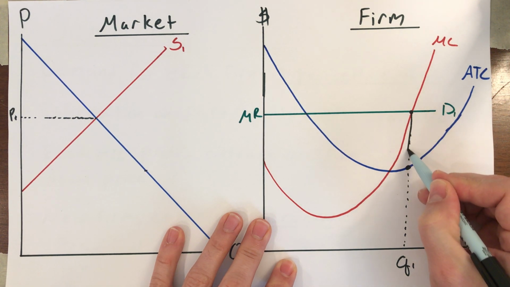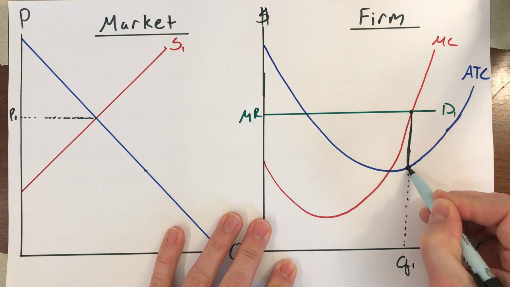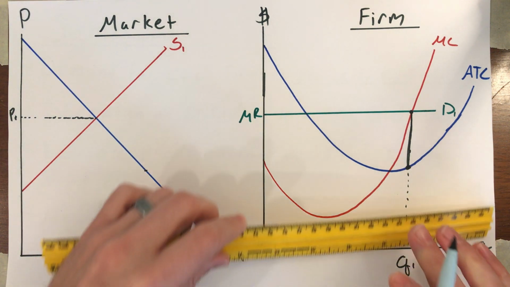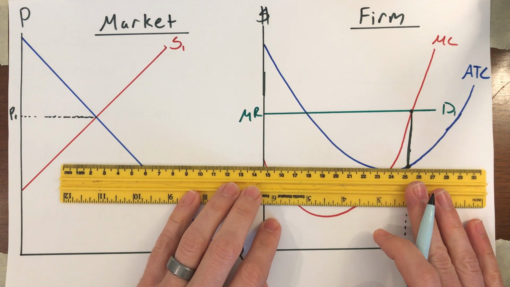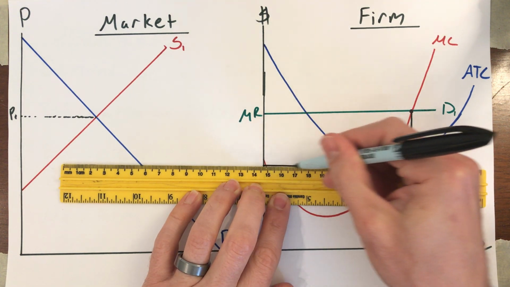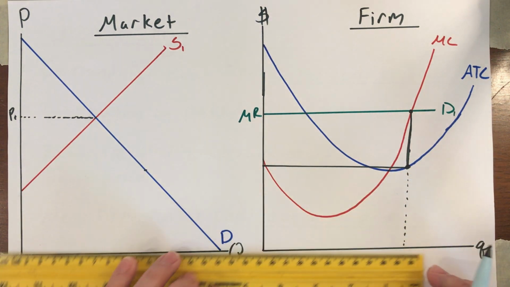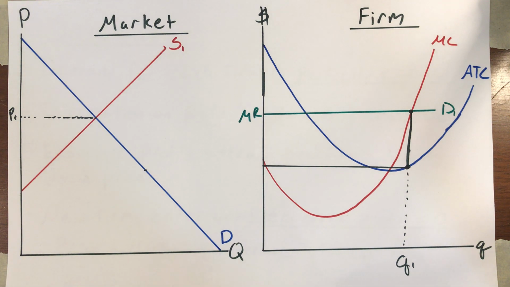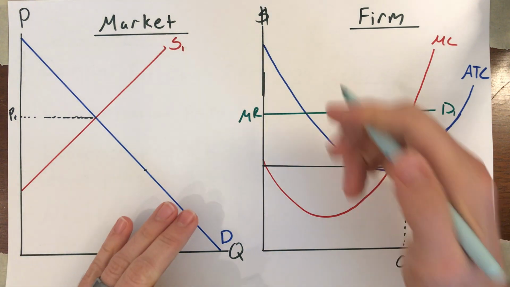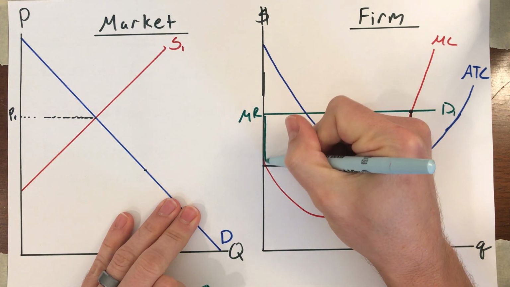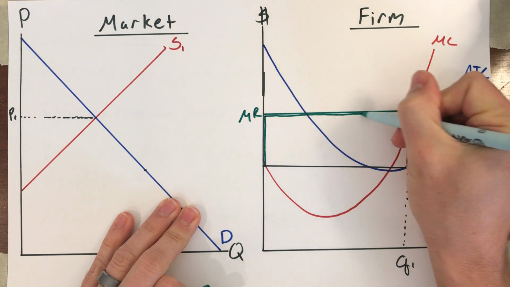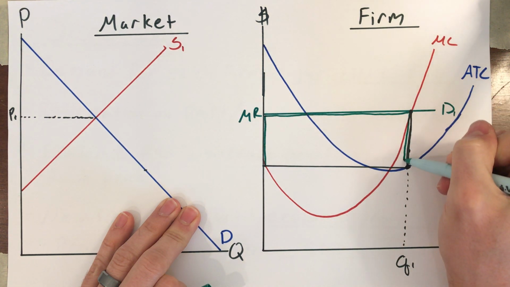And so this is their profit per unit. And this, the area of this rectangle here, represents the firm's total profits.